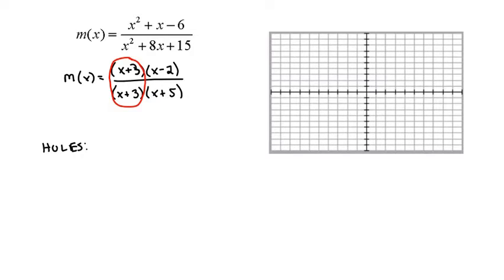So when you do holes in this case, your holes are whatever makes that equal to 0. And so when I say that, it's going to be negative 3 comma something. That something needs to be found by plugging negative 3 back into the problem after you simplify. So negative 3 take away 2, negative 3 plus 5.